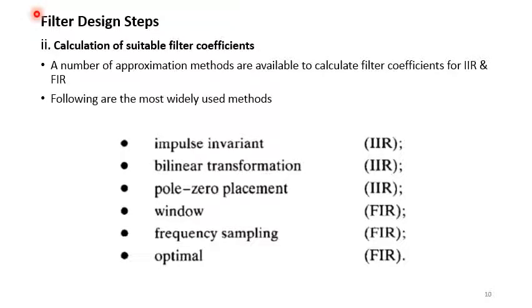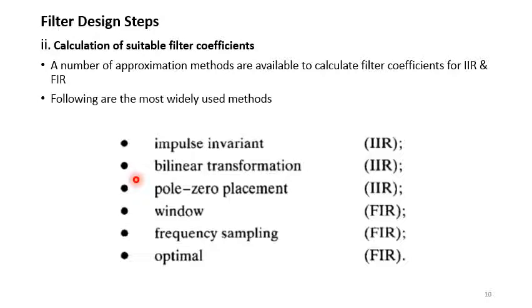Then the second step, once you are given the specification, is to calculate or approximate the filter coefficients. There are a number of approximation methods available to calculate filter coefficients for both IIR and FIR. Following are the most widely used methods. I will not go into detail of them because in the following weeks we are going to talk about these methods in detail.